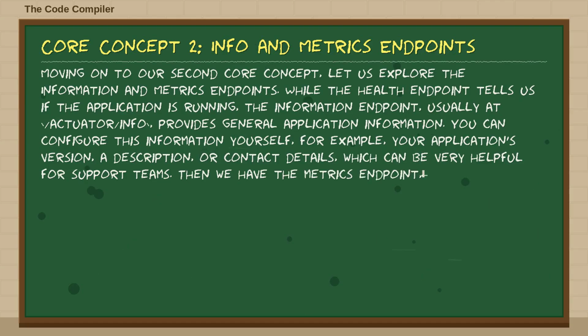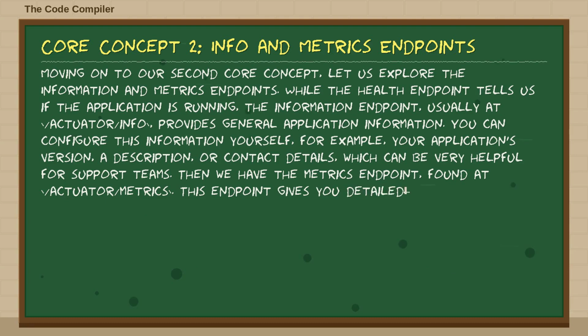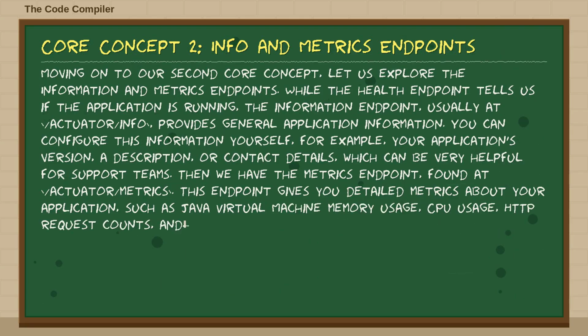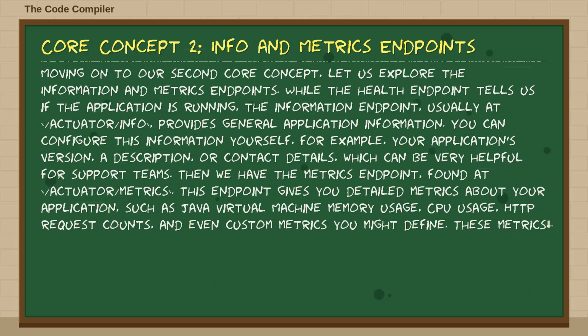Then we have the metrics endpoint, found at /actuator/metrics. This endpoint gives you detailed metrics about your application, such as Java Virtual Machine memory usage, CPU usage, HTTP request counts, and even custom metrics you might define.